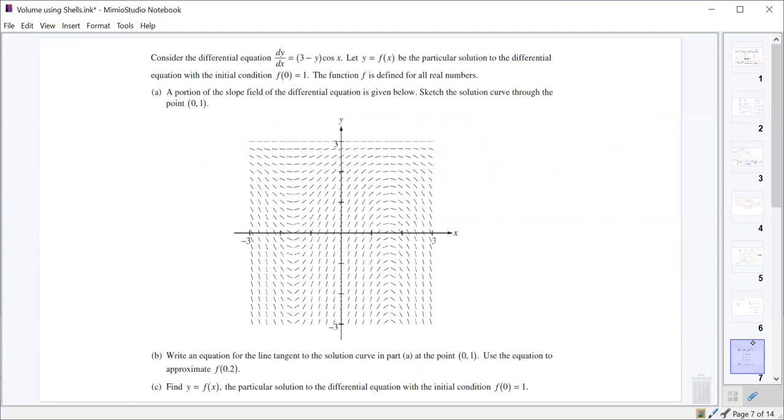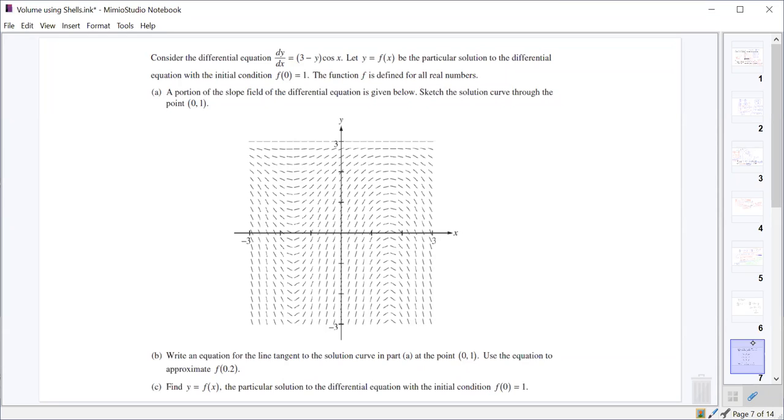All right. Next one. Let's see if I can pull up the answers to this so I can tell you how much things are worth. I told you how much everything was worth on the last one, right? Okay. Sketch the solution curve through the point 0, 1.